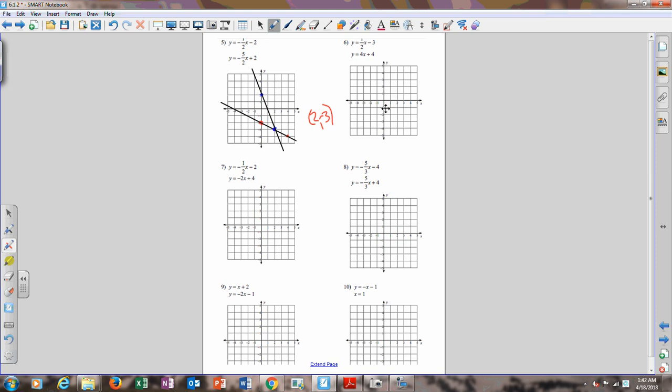Number 6. Start by going down 3, make a dot. And you go up 1, right 2, up 1, right 2. Wow.